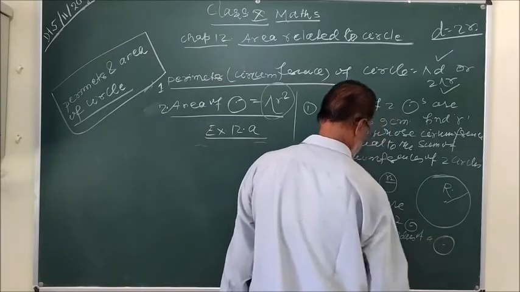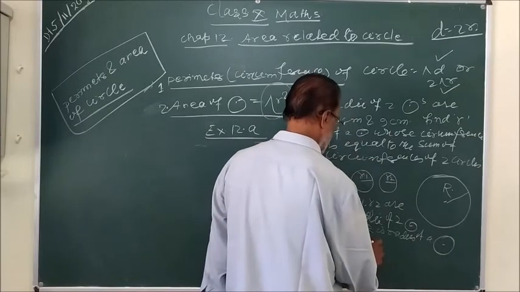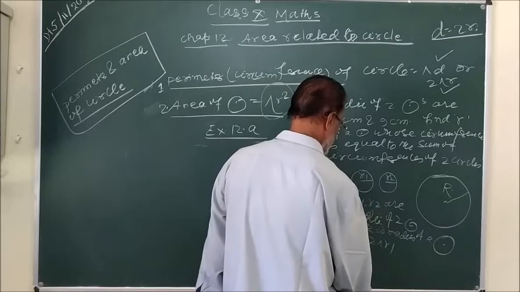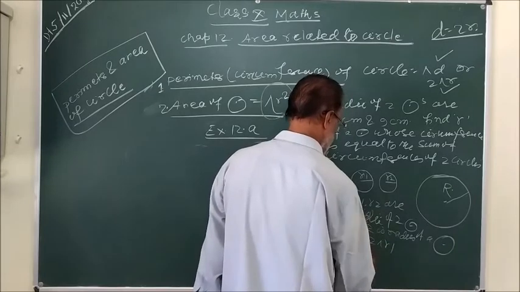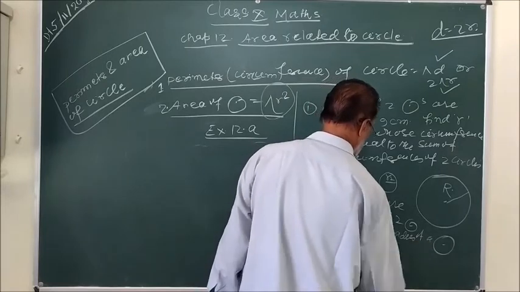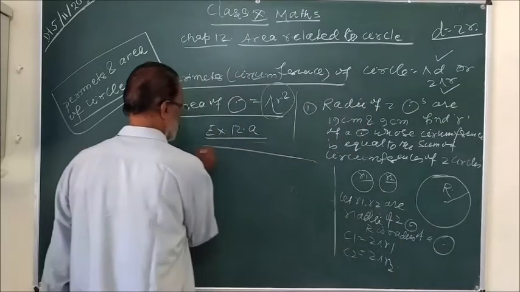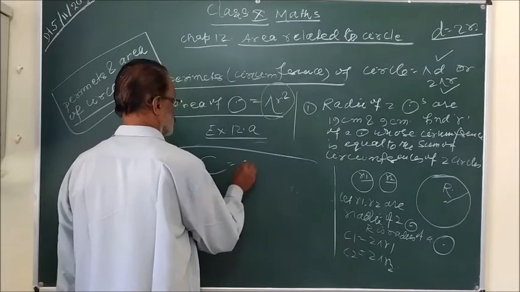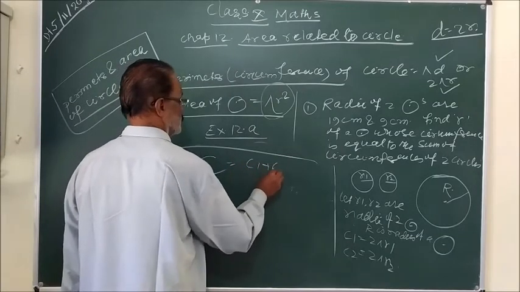So C1 is equal to 2 pi R1, and C2, the circumference of the second circle, is 2 pi R2. The circumference of the third circle, capital C, is equal to C1 plus C2. This is given.